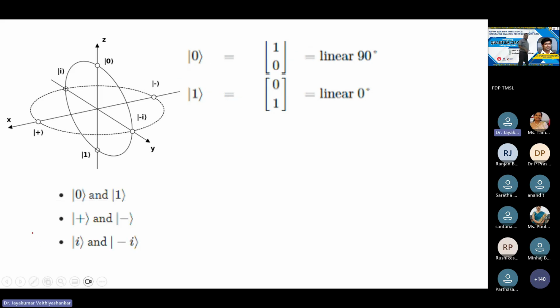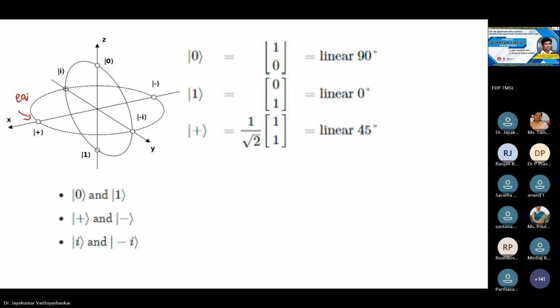Next you can see the positive state. The positive state exists exactly in the equator, so it is an equal superposition. What is the relationship between the positive state with respect to state 0 and state 1?